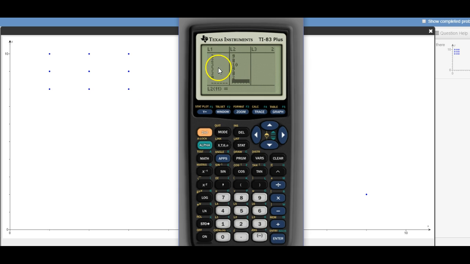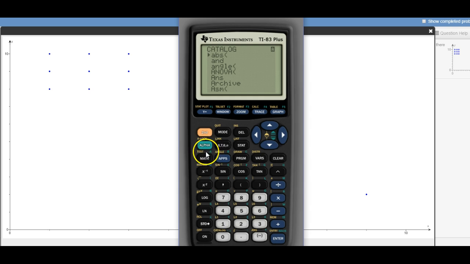Once I have all my points in there, I'm going to hit stat, come over to calculate, and then I want the linear regression equation. So option number 4, and hit enter. Now there's all my values. There's my value for R. If it doesn't display this for you, you can hit second catalog, and then you're in alpha mode when you see this letter up here.